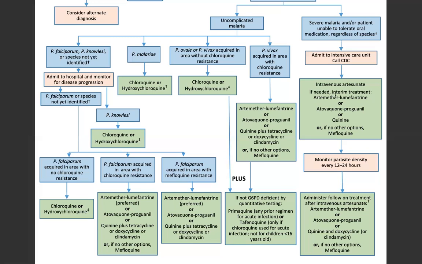So it is generally preferred. Or we have other options: atovaquone-proguanil or quinine. And if there are no other options, mefloquine. Only these drugs are preferred in severe malaria.